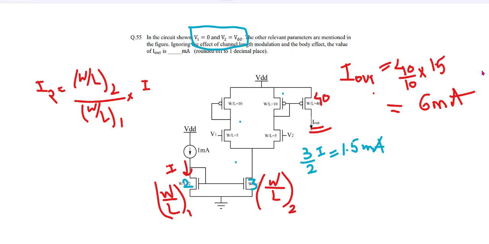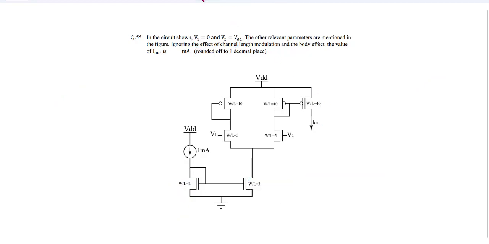Ma'am, answer again, ma'am. So basically, the current mirroring part you understood, right? Let me just erase all ink. The current mirroring concept is that there is a current source and a MOSFET here, and the gate is connected here so that the VGS of both MOSFETs is equal.